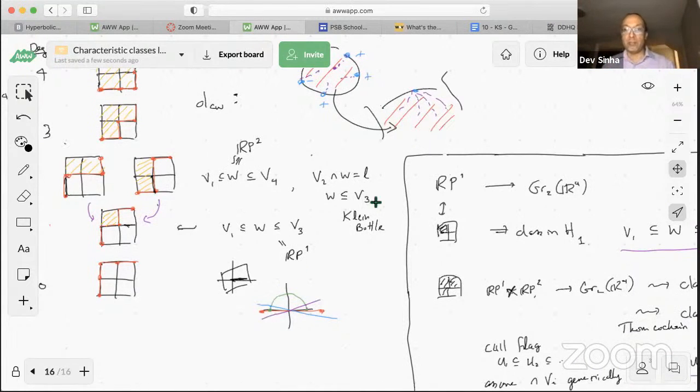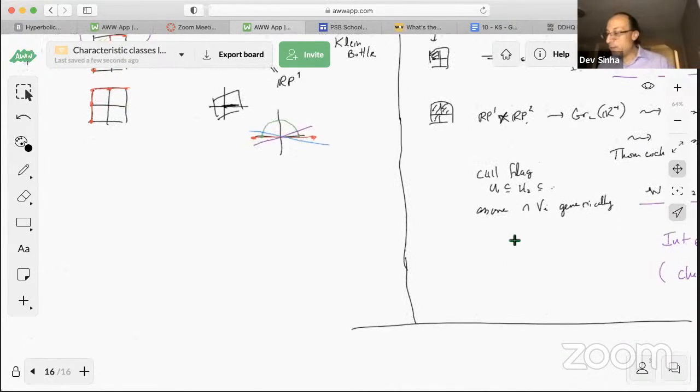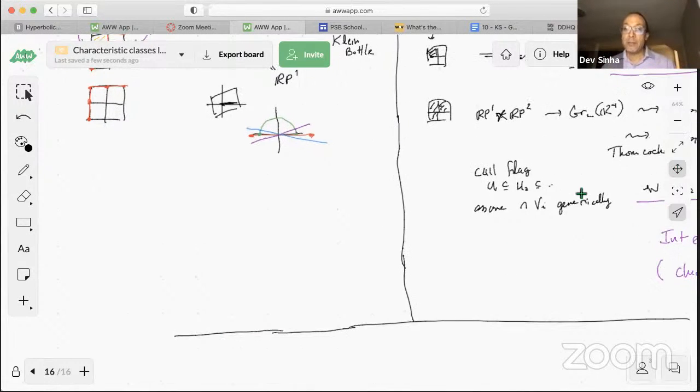How does the cell structure go when I pass from 3 planes in 10 dimensions to 3 planes in 11 dimensions? Also, I could even do 4 planes in 11 dimensions by taking a direct sum with the trivial bundle. Many maps that we want to understand are cellular.